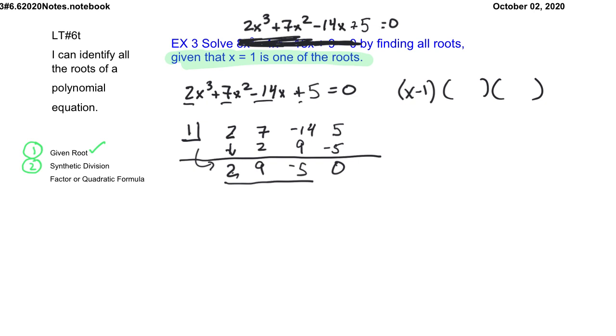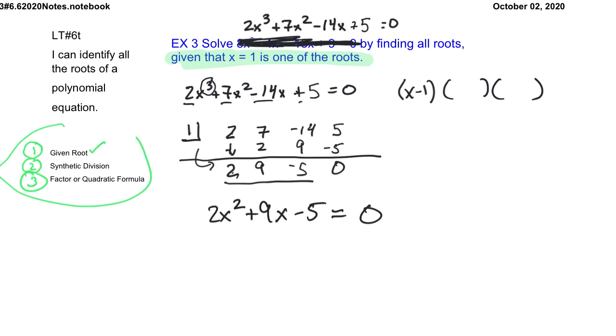If I start at a cubic and divide, I now have a squared: 2x squared plus 9x minus 5. I'm going to try to factor that because that's what's left after dividing. So I'm either going to factor it, or I'm going to use the quadratic formula. That's always an option.